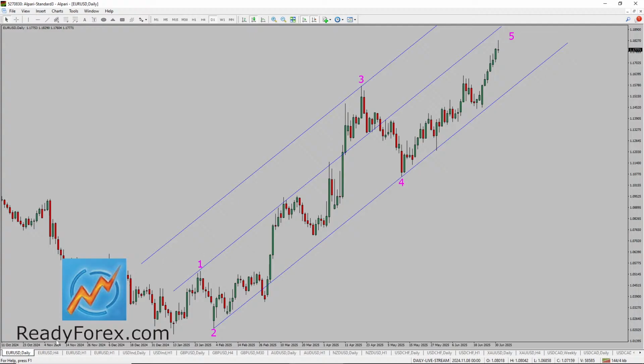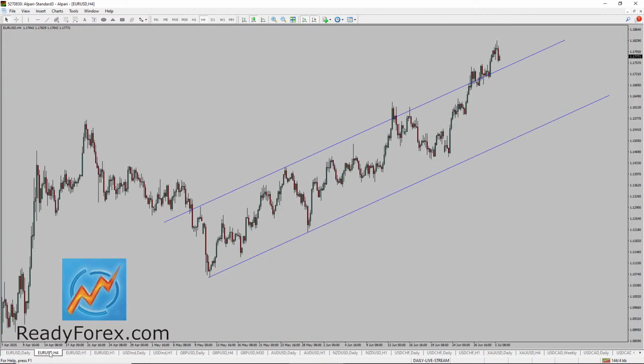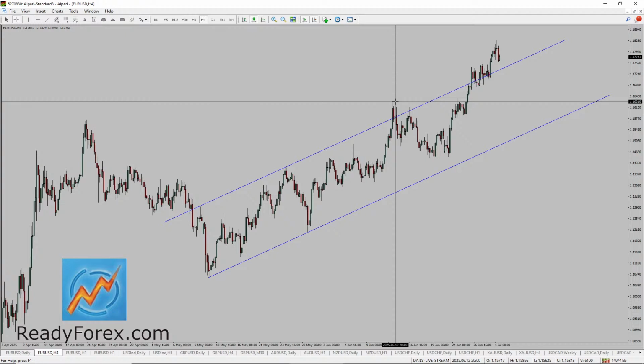Next, let us take a look at 4-hour time frame. This is the 4-hour chart of the euro dollar currency pair, and it seems to me we got this as bullish wave 1, 2, and then we got this triangle. It rallied up.